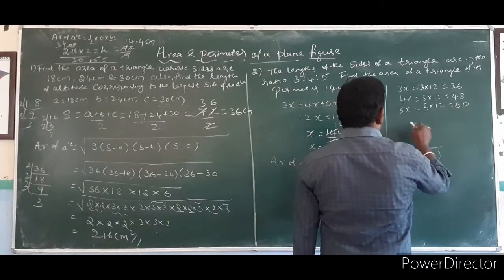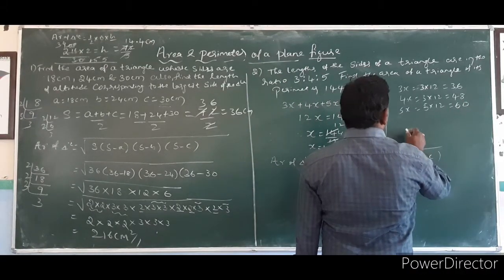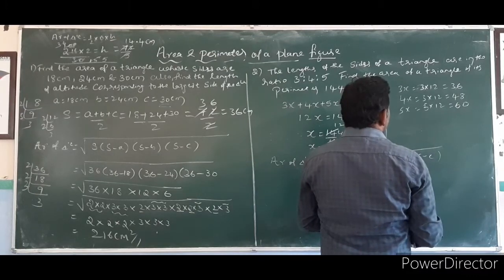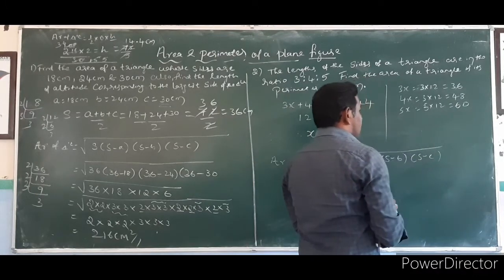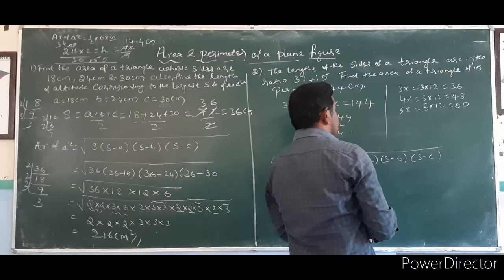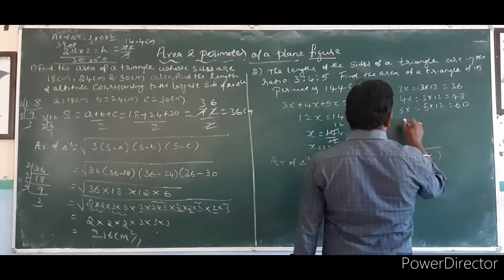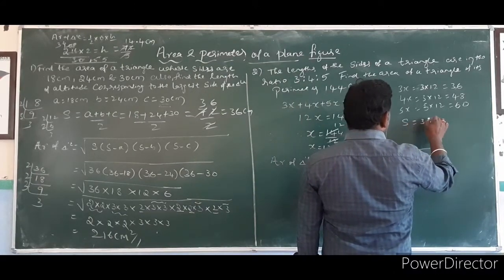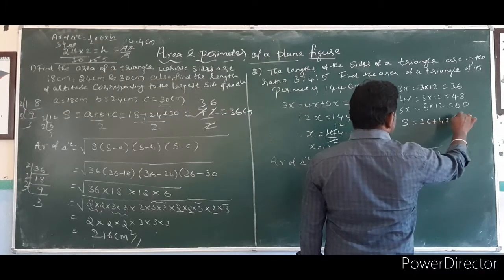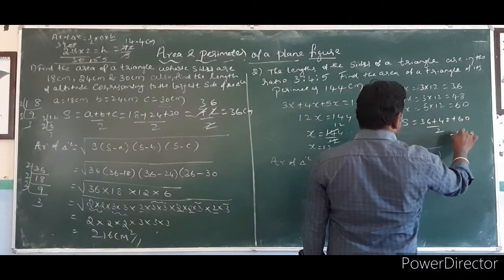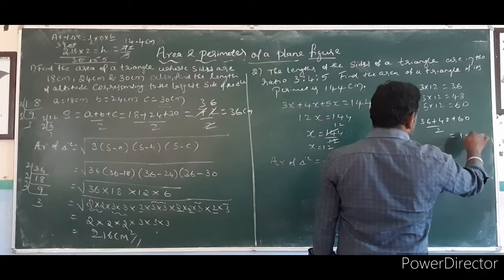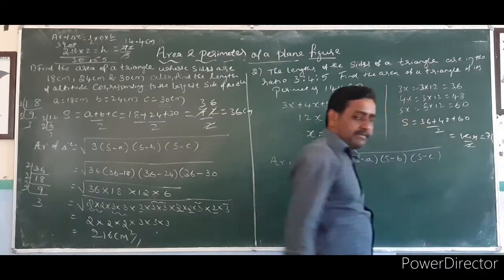If you add all: 36 plus 48 plus 60, 48 plus 60 is 108, 108 plus 36, again 144. So S is equal to 36 plus 48 plus 60 divided by 2, that is 144 divided by 2, that is 71.